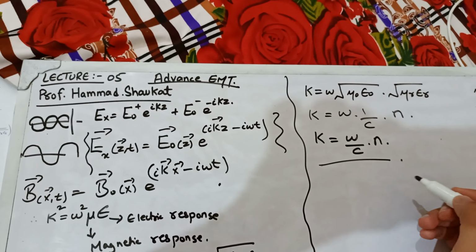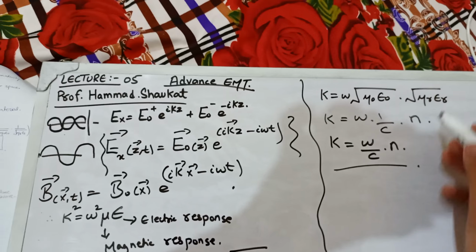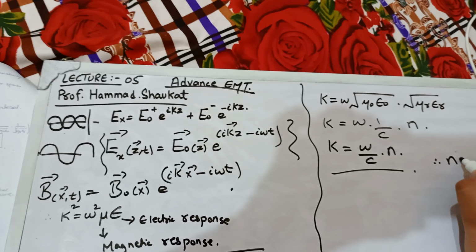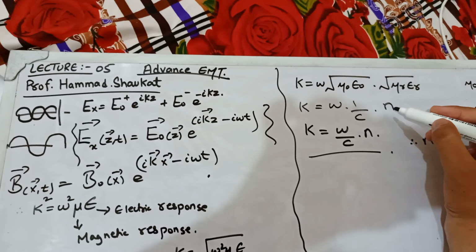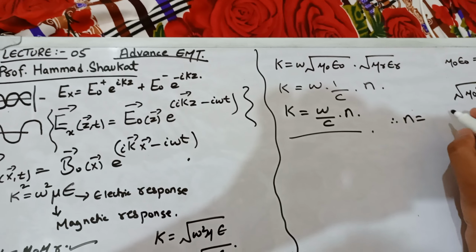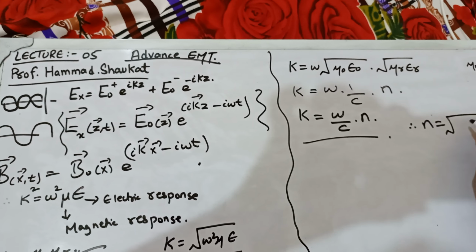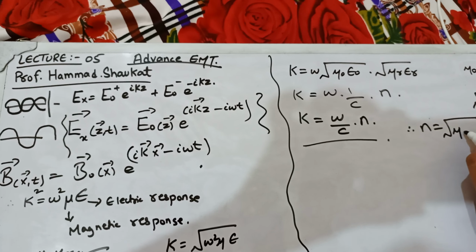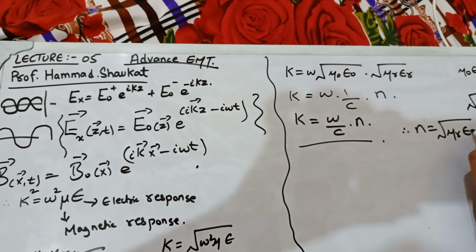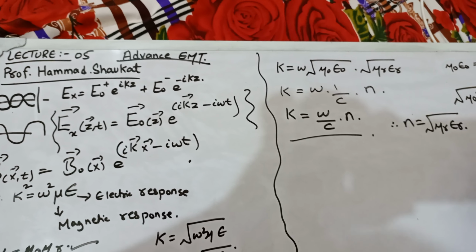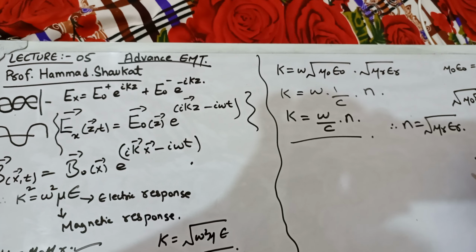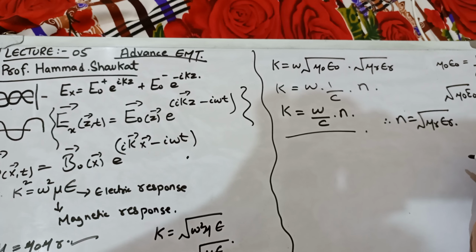My n equals, as I told you, the refractive index, which you can define as the square root of the relative permeability and the relative permittivity of the material.